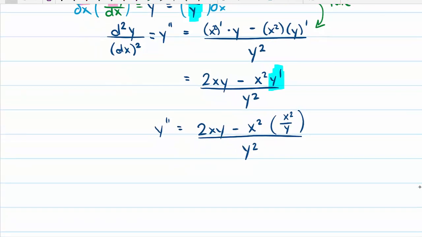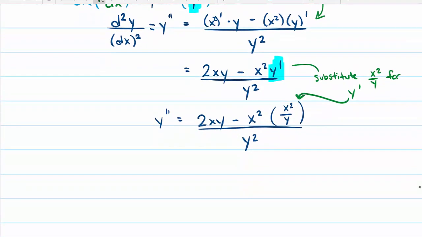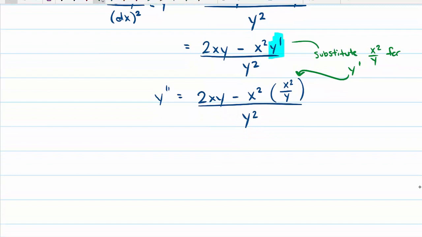So to go from here, we substitute x squared divided by y for y prime. Now we're going to do a bit of algebra. We get y double prime is equal to 2xy minus x to the fourth divided by y squared.